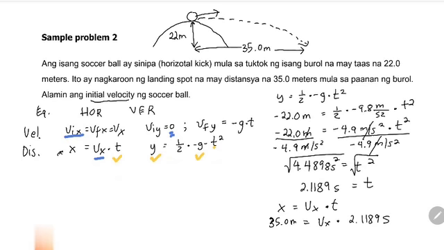So divide natin para mawala yung 2.1189 seconds dun sa Vx. Let's cancel this. So 35 divided by 2.1189 is 16.5180 or 16.52 meter per second. Okay, that's our answer, guys. That's also the final slide. Thank you so much. Good luck.